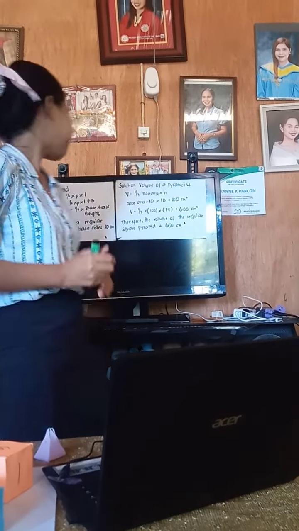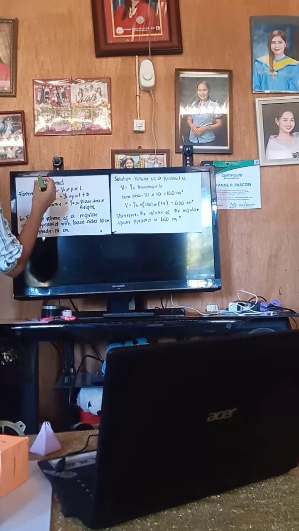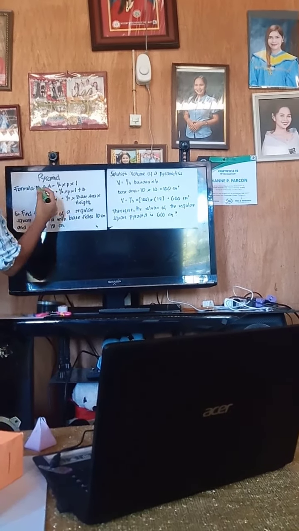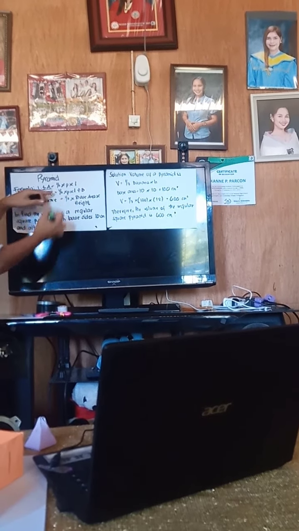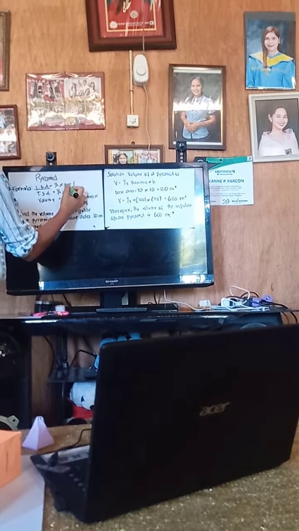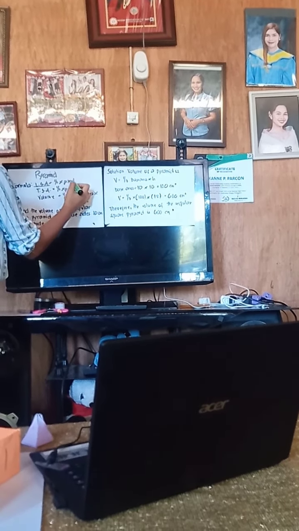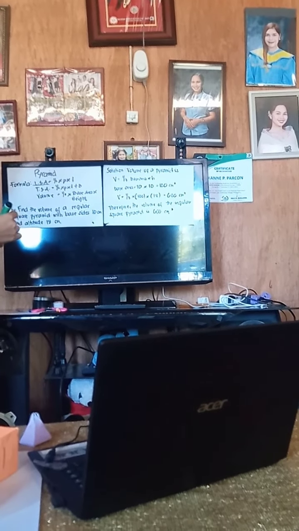So now I am going to give you the formulas of the pyramid. We have three formulas. First, the lateral surface area, or LSA, equals 1/2 times P times L, where L is the slant height and P is the perimeter.